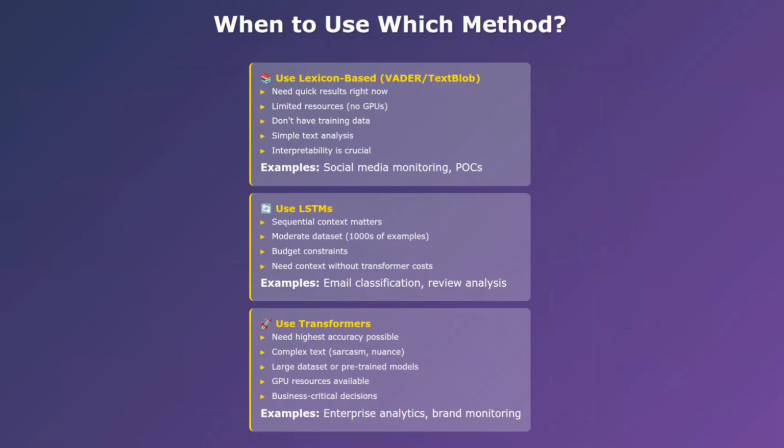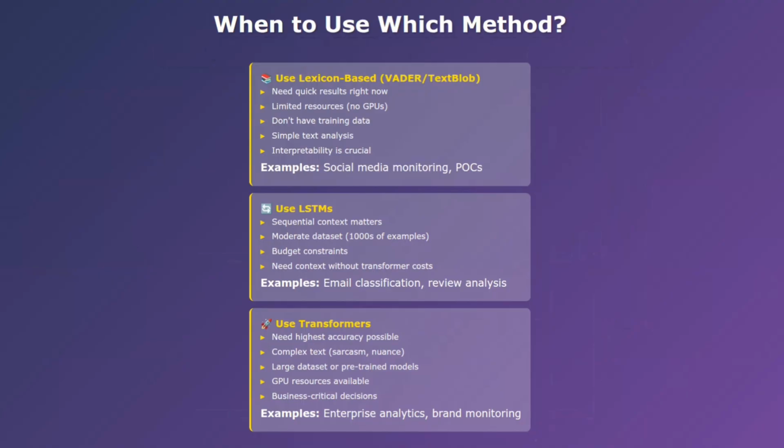Use LSTMs when sequential context matters for your data. You have a moderate data set, thousands of examples. You need custom domain training, but have budget constraints. You need some context understanding without transformer costs. Examples: email classification, moderate scale review analysis.